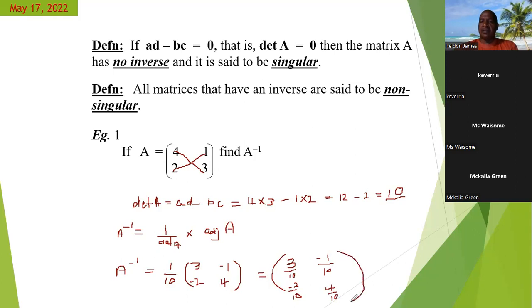All right, when you work that out in the decimal form, then your matrix would be 0.3 for the first element.